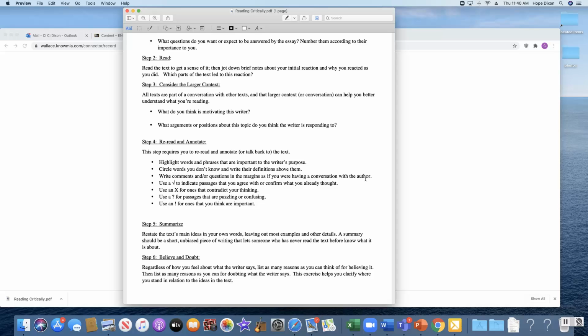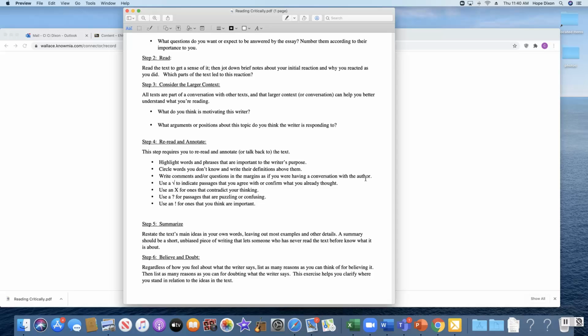Now, the next step is to summarize. And this will be the first assignment that you turn in to me. You will summarize this article. And it's very specific how I want you to do that. Basically, you're going to restate the text's main ideas in your own words.